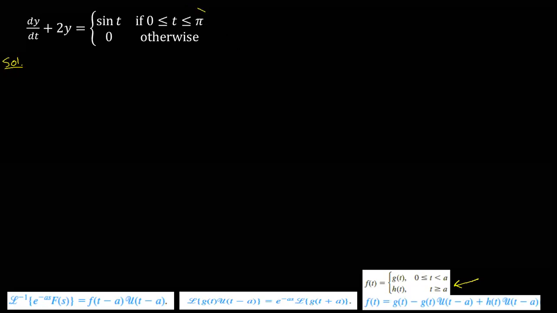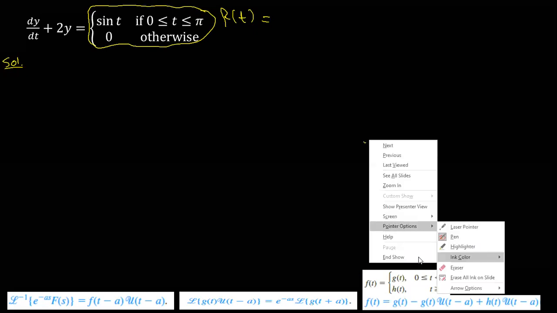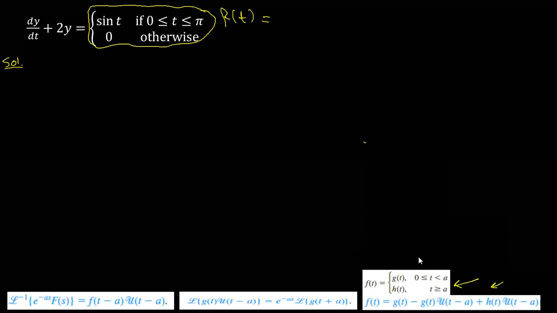So for me, this is my f of t. I'm going to write it using this formula down here. Let me use another color to determine the g and the a. Omar, can you help?